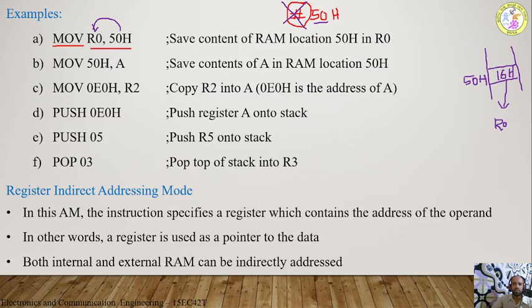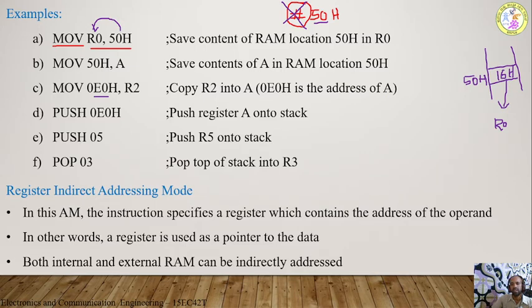Similarly, we can use move 50, A. Now the content of accumulator is copied to 50H. Accumulator content is copied to this memory location. Or move 0E0H, R2. Copy the content of R2 into accumulator, whereas E0 is the address of the accumulator.